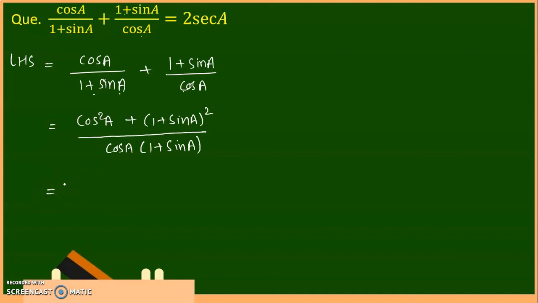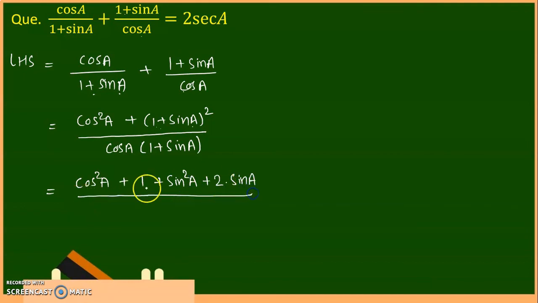Now if you simplify the numerator, expand this bracket: this is cos square A plus, (a plus b) whole square becomes a square plus b square plus 2ab, and the denominator is as it is, cos A multiplied by (1 plus sin A).